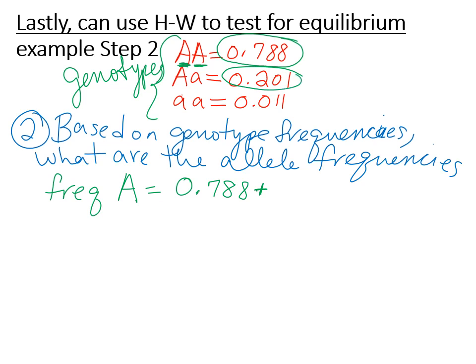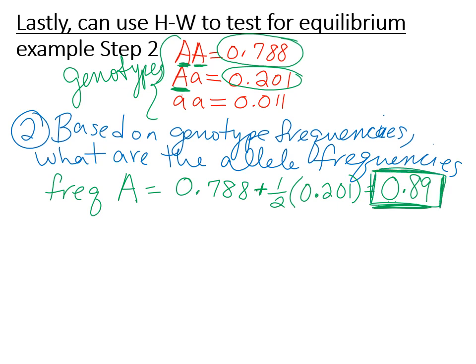The second number, but only half of that. Our dominant allele only represents half of that genotype frequency because the other half is the recessive allele. So we say plus 1/2 of our heterozygous frequency. That should give you 0.89 frequency of allele capital A. So we circle, star, highlight that number.